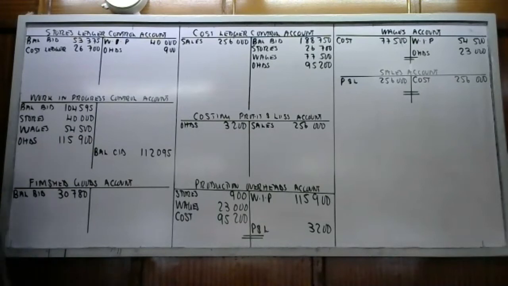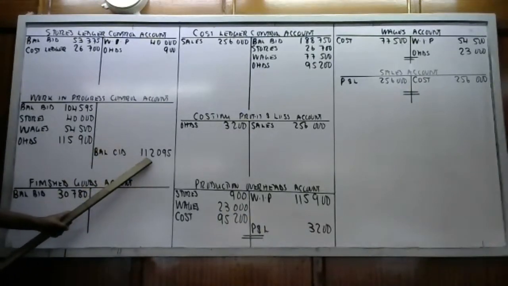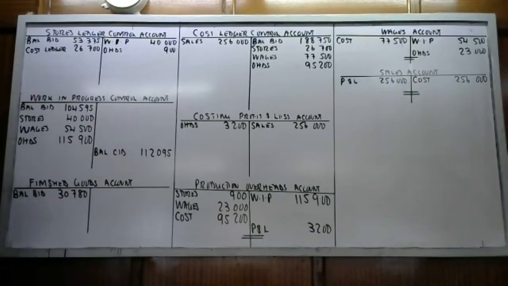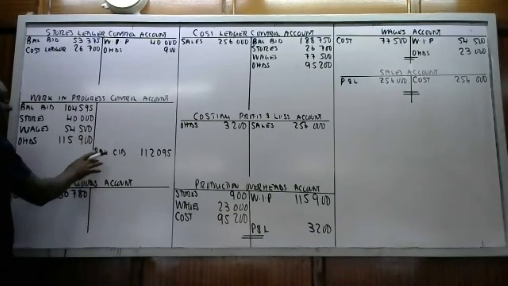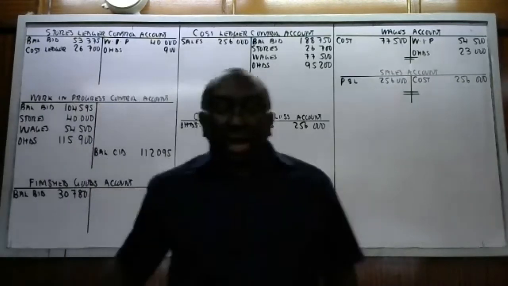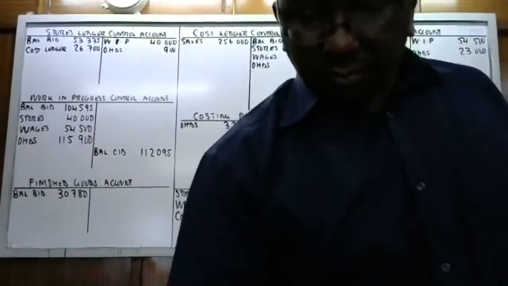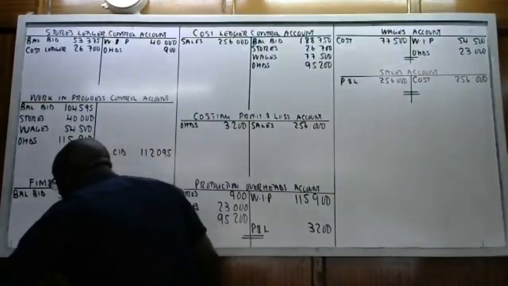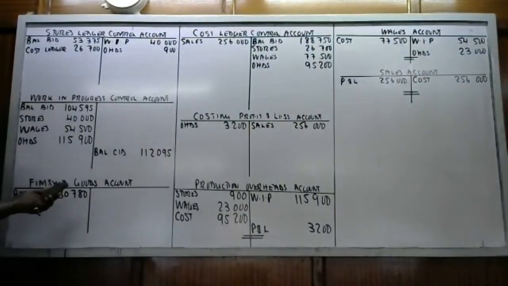Because here we were already told the balance carried down, what we need now is the balancing figure. It will be 104,595 plus 94,500 plus 115,900 minus 112,095.